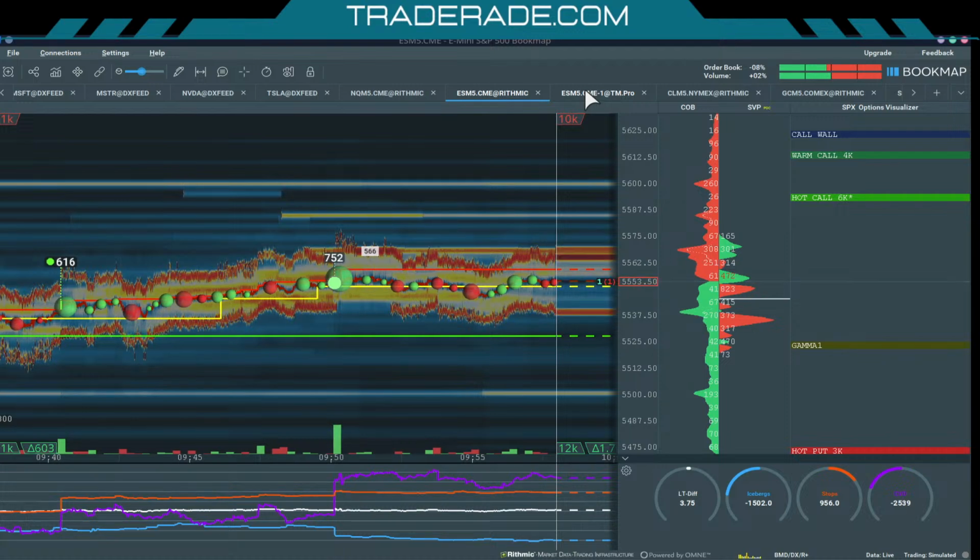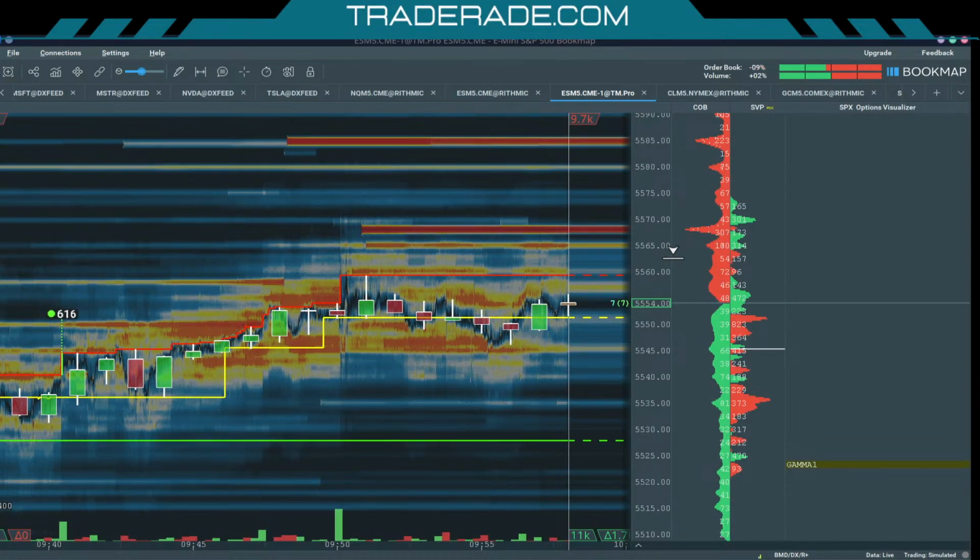And we'll move into the filtered view here as we approach the data. You can see those bids and offers a little more clearly.